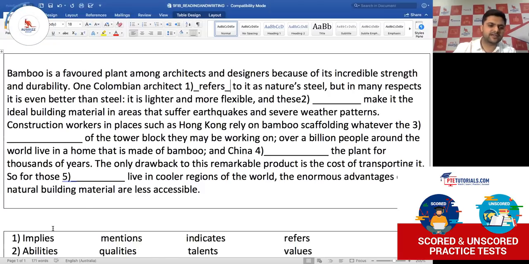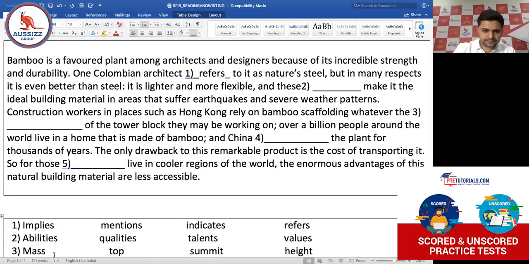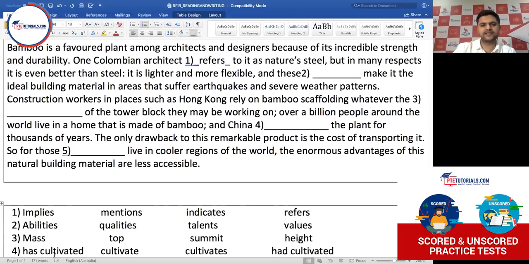So being flexible and being lighter, what exactly is this? Are they abilities? Are they qualities? Are they talents? Or are they values? So when we are talking about a particular material and comparing it with steel, saying that it is lighter and more flexible, these are the qualities of bamboo.